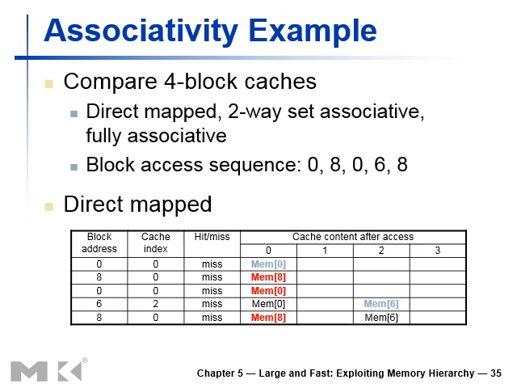Now coming to the associativity example, in this particular scenario we've got a 4 block cache. So the total number of blocks in the cache is 4. For the direct mapped cache, for the two-way set associative, and for the fully associative, let us see what the hits and misses are. For the direct map cache, block address 0 can reside at cache index 0, and this is a miss.